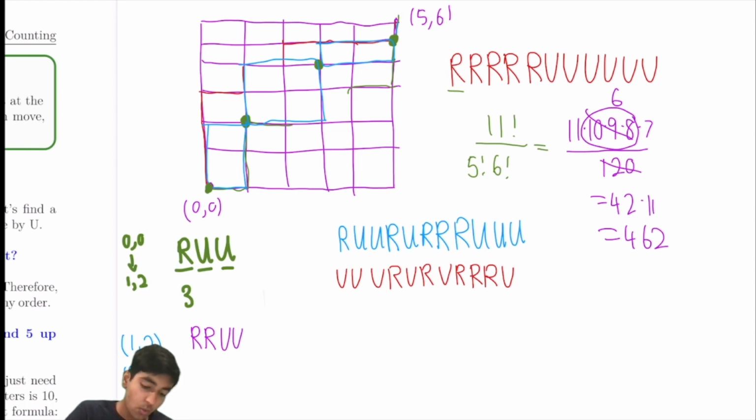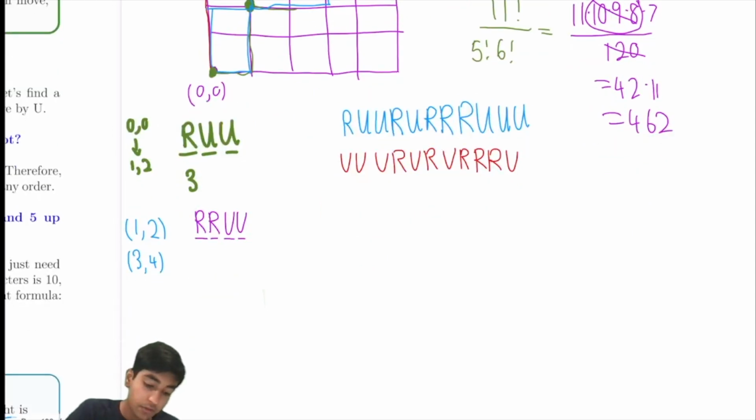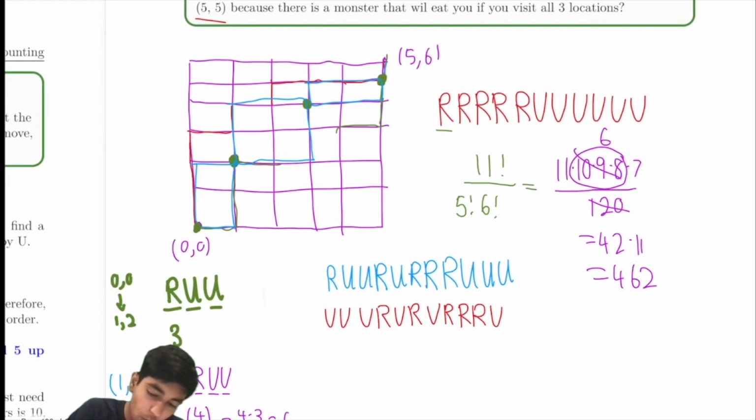And we can use the formula, or we can just see that this is 4 choose 2, because we have 4 slots for the R's and U's, and we choose 2 of them to be R's and 2 of them to be U's. 4 choose 2 is 4 times 3 divided by 2. That's 6. Now, 3, 4 to 5, 5.